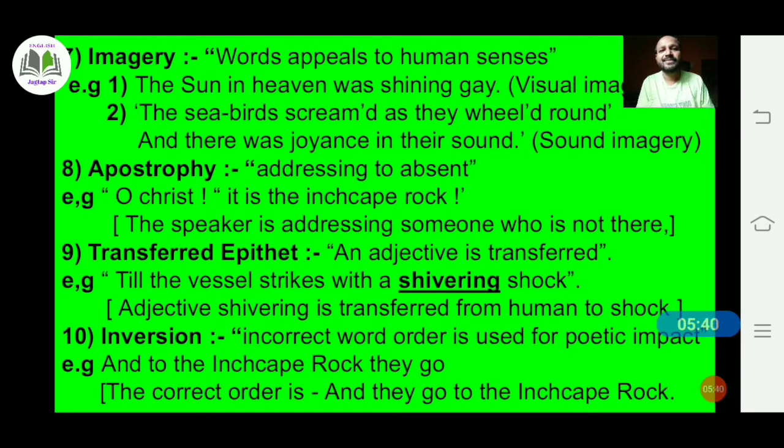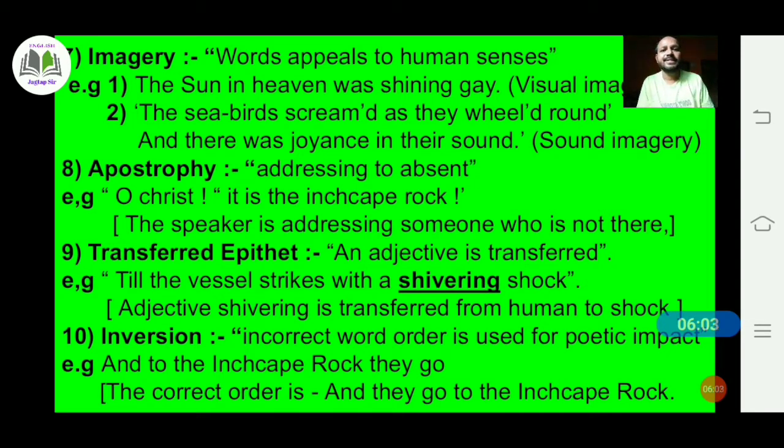Let's talk about figure of speech number 9, that is transferred epithet. Let me tell you, in the previous video also I made it clear that transferred means moved from one place to another, and epithet means an adjective. It clearly indicates that where the adjective is transferred, that is called transferred epithet. How?